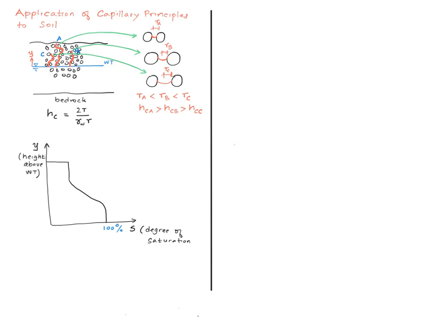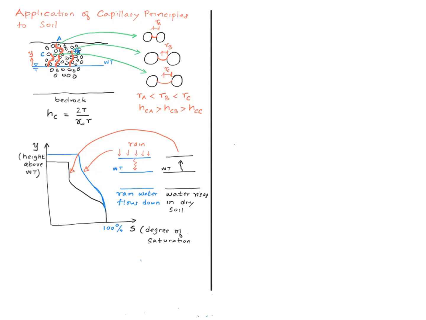It can also be easily understood that the pattern of variation of the degree of saturation within the soil layer is going to depend on whether the water flows downward from a rain or water rises from the water table.